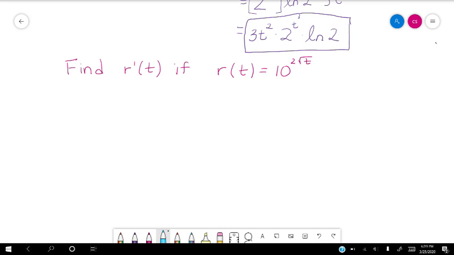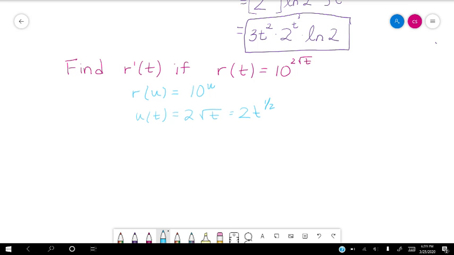Okay, so again, just for good practice, because why not? Let's write it in terms of inside function, outside function. So the outside function in terms of u is like 10 to the u, where u is 2 root t. Okay, and I'm going to change that square root sign to an exponent.